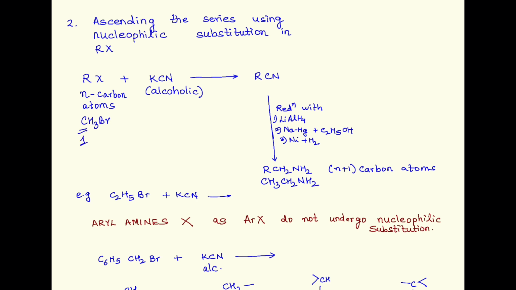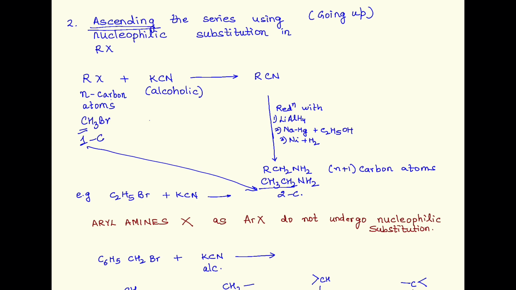I have one carbon atom over here, but here I have two carbon atoms. So how did this magic happen? I have increased the number of carbon atoms from 1 to 2. So that is called going up the series. It is also called ascending the series.